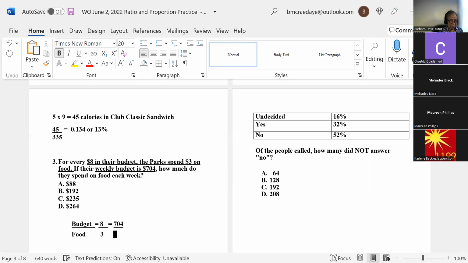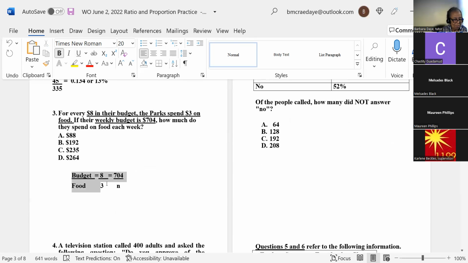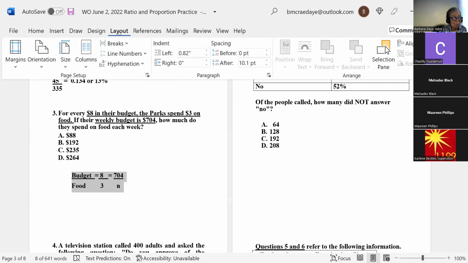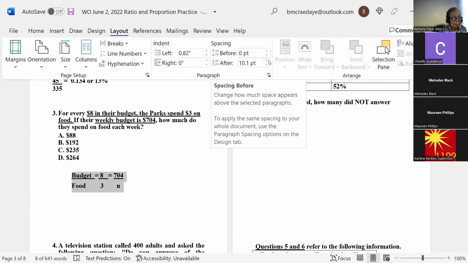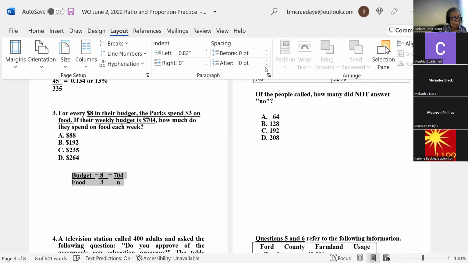Now, how would we solve this, Mercedes? We got it set up. So what will we do next? Cross multiply, solve it. Maureen, you do the same. Tell me what you get when you cross multiply. 2112.